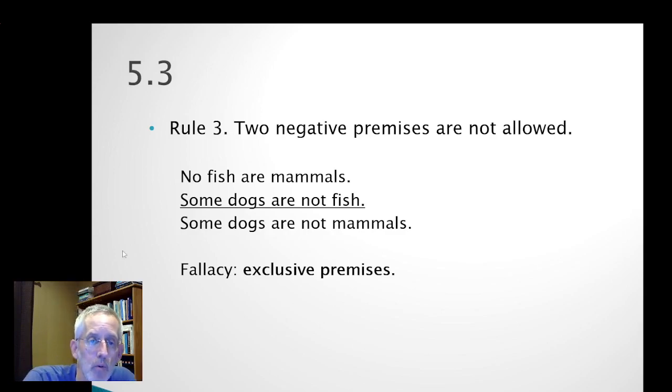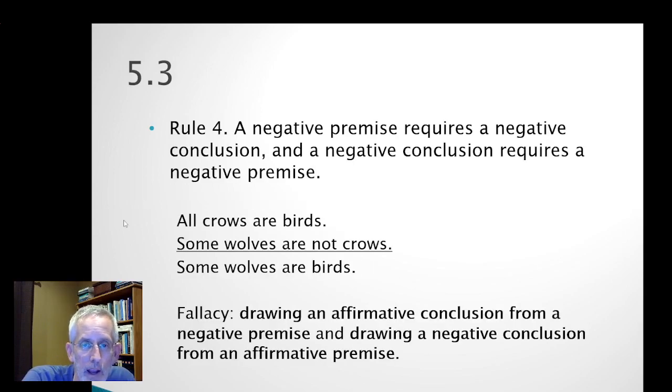Okay, so Rule 4. A negative premise requires a negative conclusion, and a negative conclusion requires a negative premise. So if you have a no or not in the premises, you have to have a no or not in the conclusion. And if you have a no or not in the conclusion, you have to have a no or not somewhere in the premises.